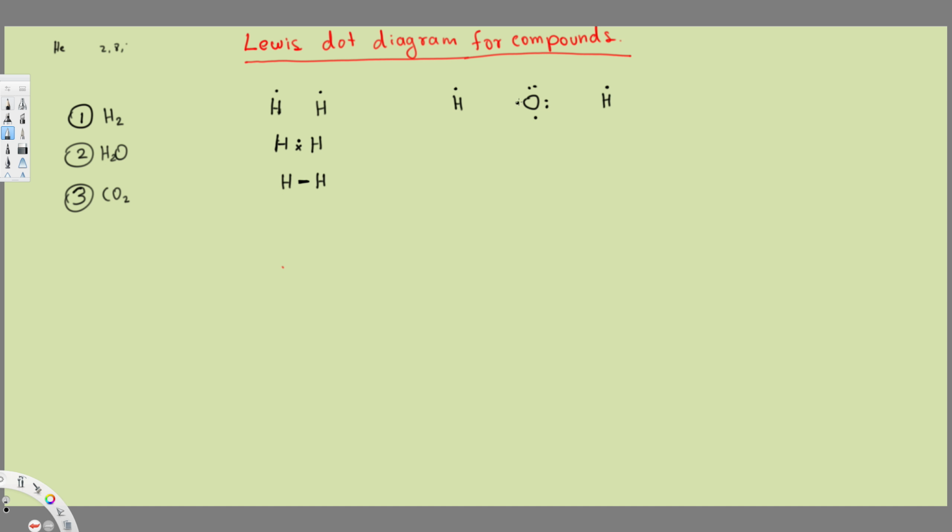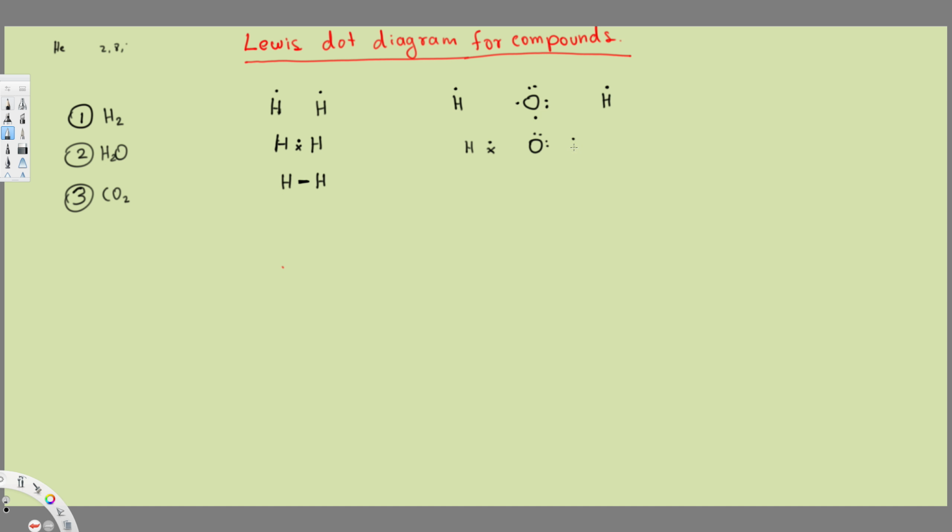If you imagine these are the electrons that are going to be shared, it's going to be something like this. This dot represents the electron that comes from the oxygen, and the cross represents the electron that came from the hydrogen.